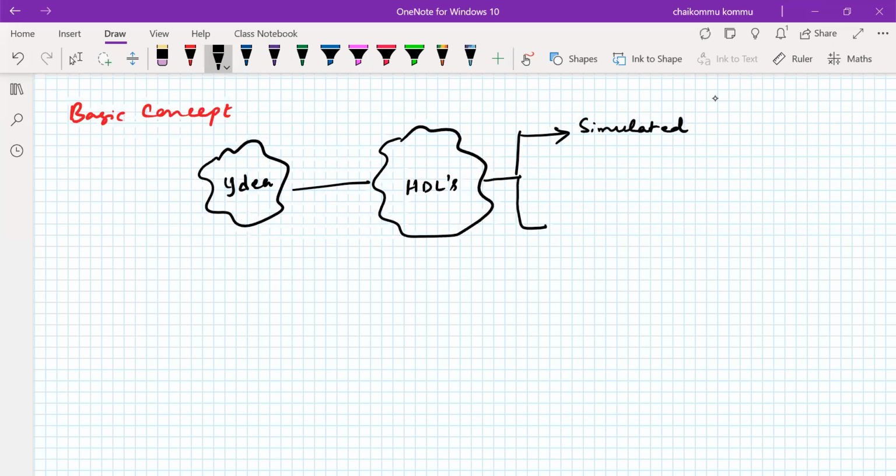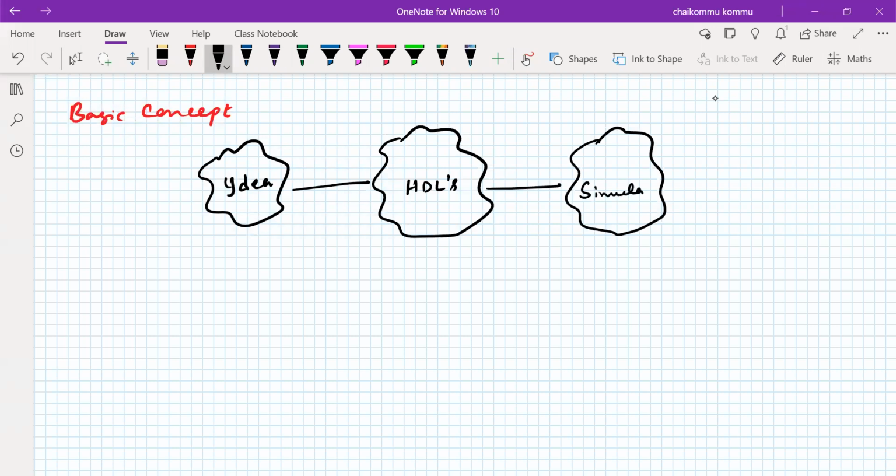Once it is simulated, whatever the HDL code is, we have given that HDL code to the simulation tool. So whatever the description is, the description is verified. That means whatever idea we have is verified with the help of the simulation tool. And once it is simulated, hardware is generated by using the synthesis tool.